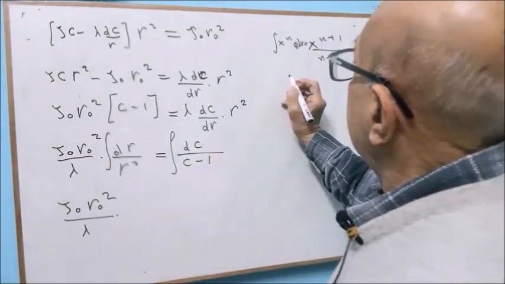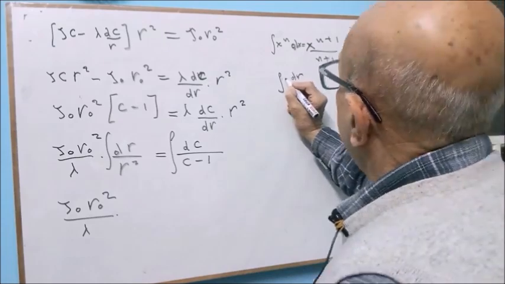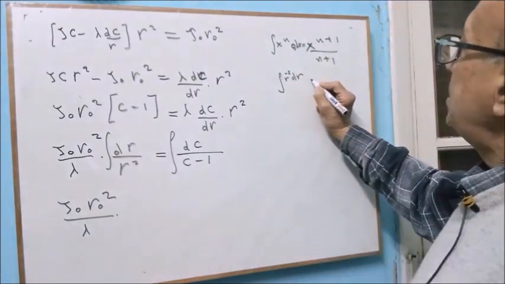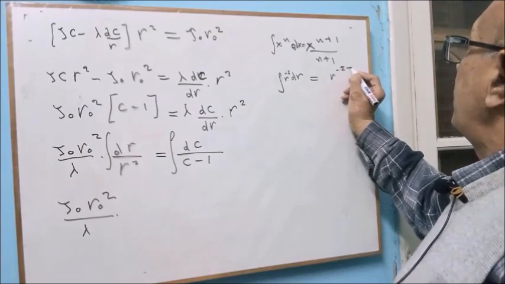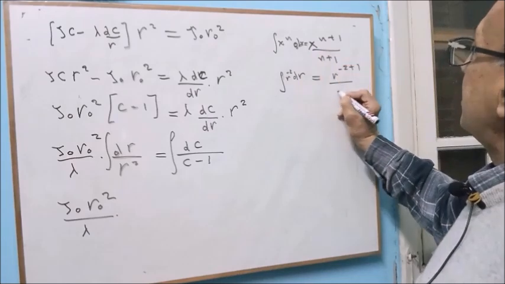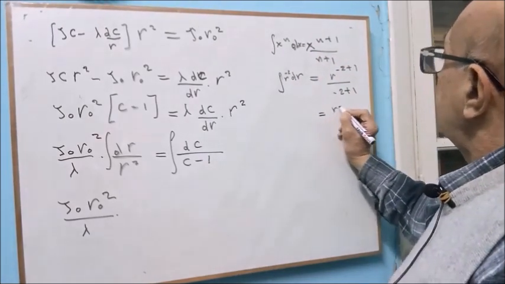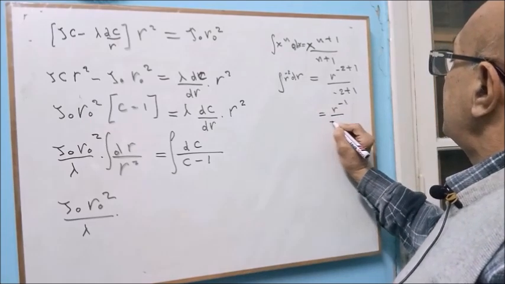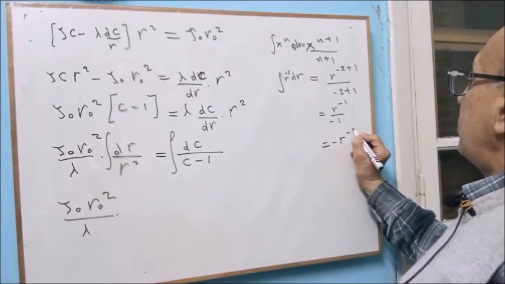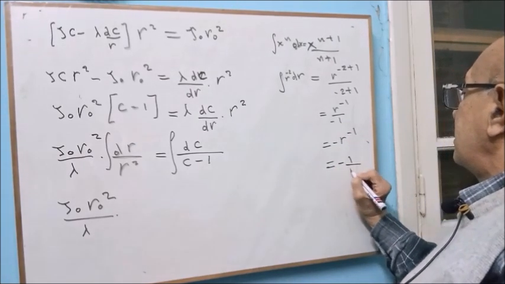Here, dr over r squared means the integral of r to the power minus 2 dr, which gives r to the power minus 2 plus 1. Minus 2 stands for n here. Minus 2 plus 1 gives r to the power minus 1 over minus 1, which is equal to minus r to the power minus 1, which is equal to minus 1 over r.